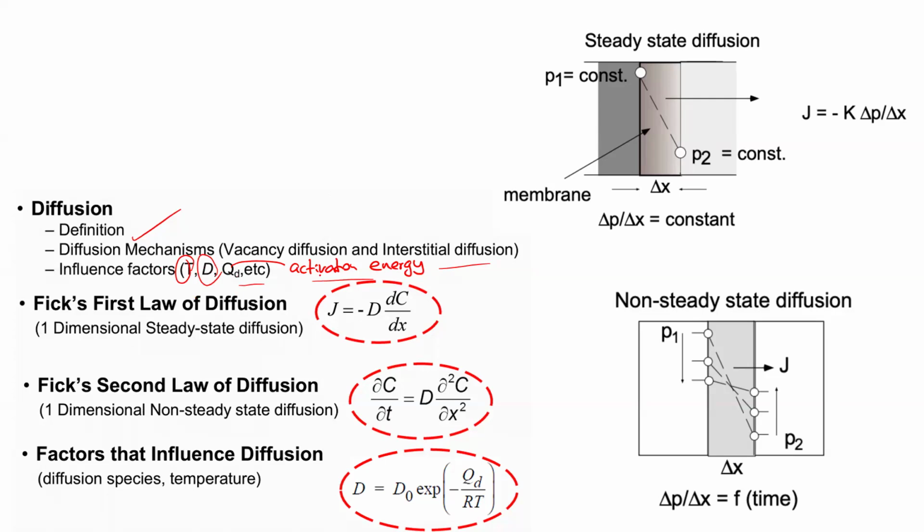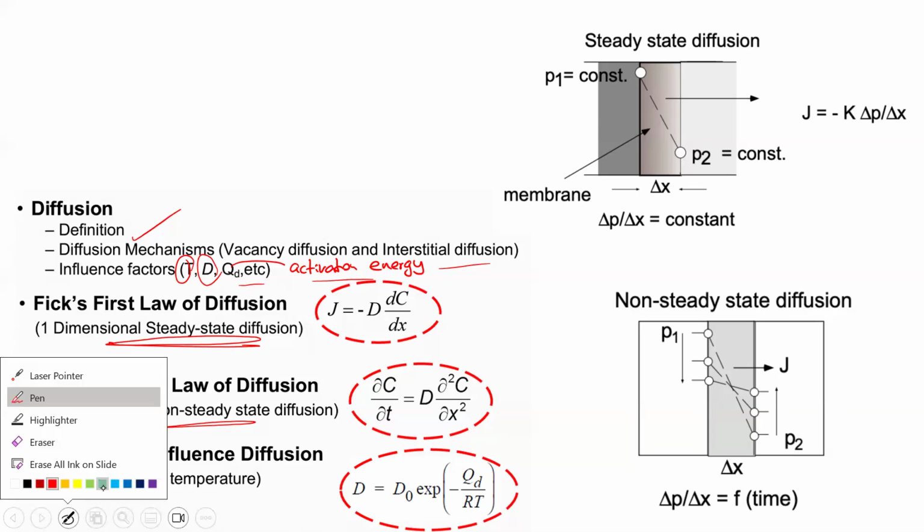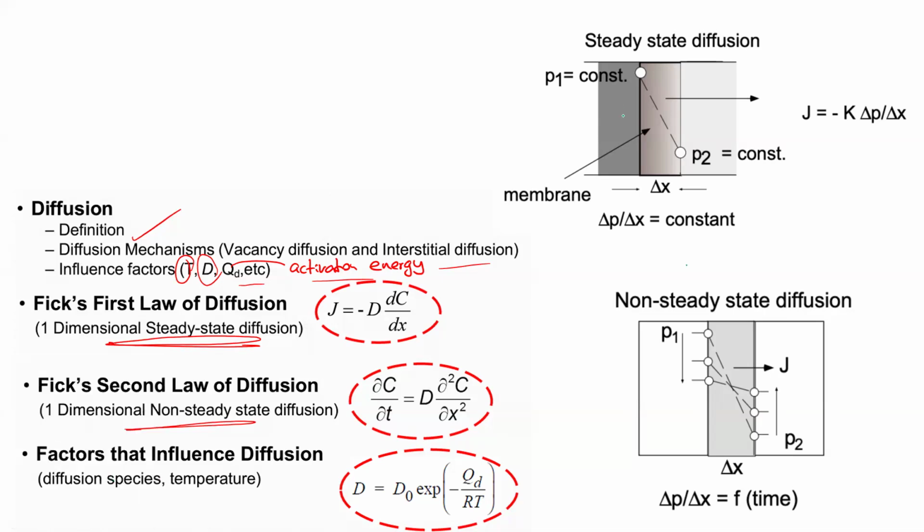As I have mentioned, we are going to do questions on steady state diffusion and also non-steady state diffusion. So steady state diffusion means, as we discussed already, diffusion is happening from high concentration to a low concentration. For example, here you have a concentration of something, maybe nitrogen, on one side. That is your concentration 1.